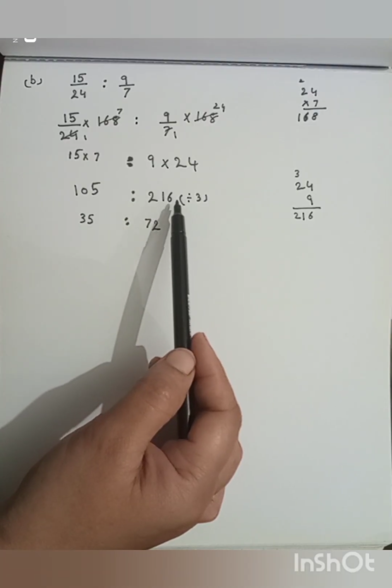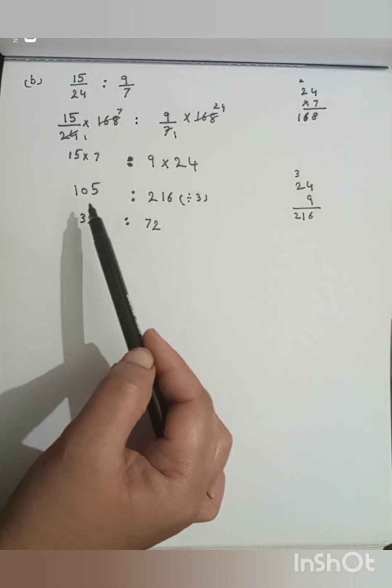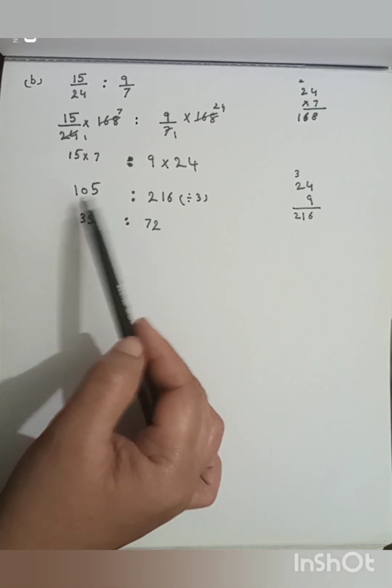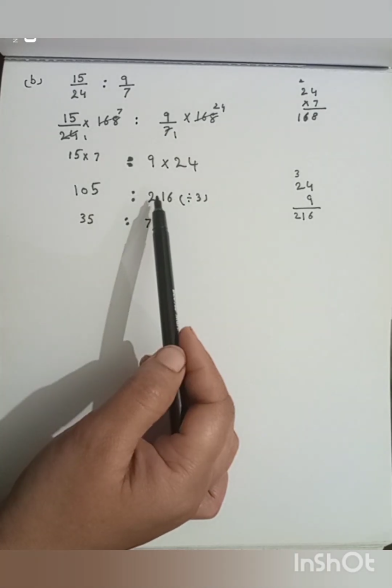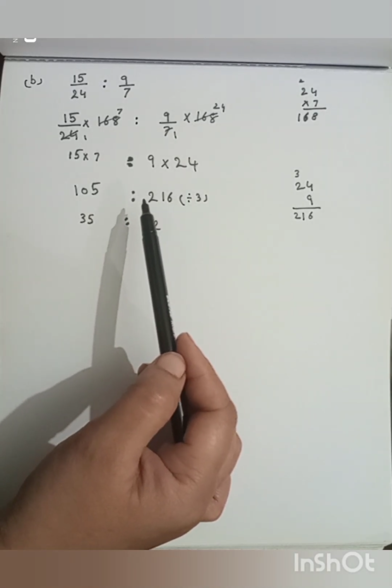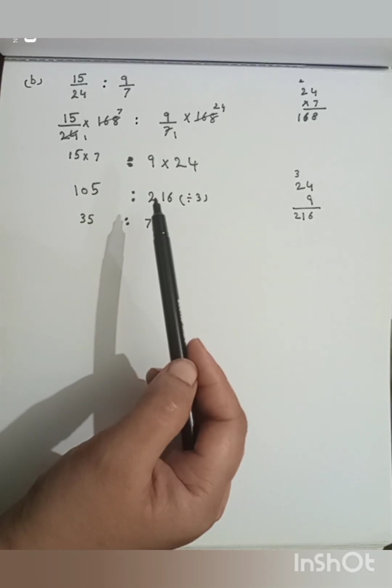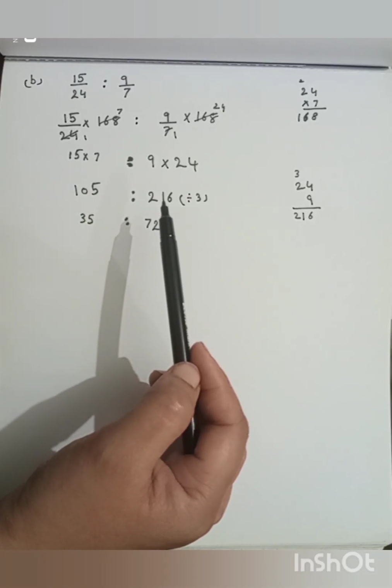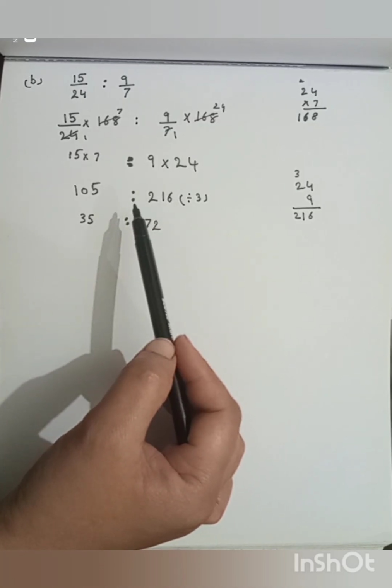Now we have to see how we can get the ratio divisible by the same number. We have already discussed that if one side is divisible on 2, then both numbers can be divisible by 2.